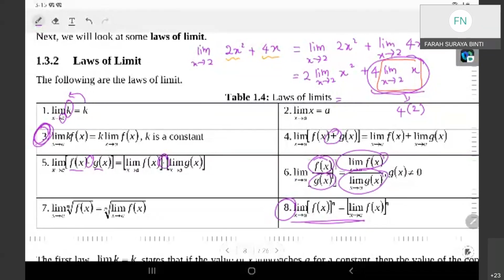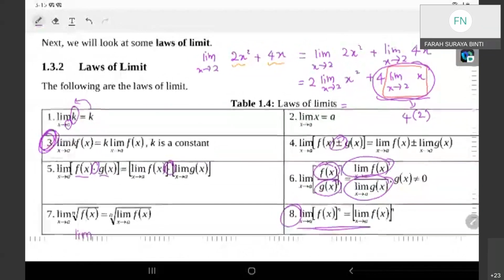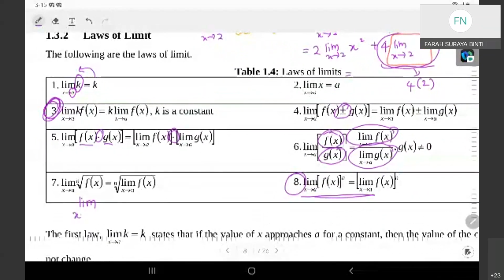Okay, itu number 6. Number 7. If we have a function yang ada square root, ada surd, tengok what happen here. Limit ni kita boleh masukkan kat dalam. So contohnya kalau kita ada limit x approach any number, and then our function is in term of surd 2x contohnya.